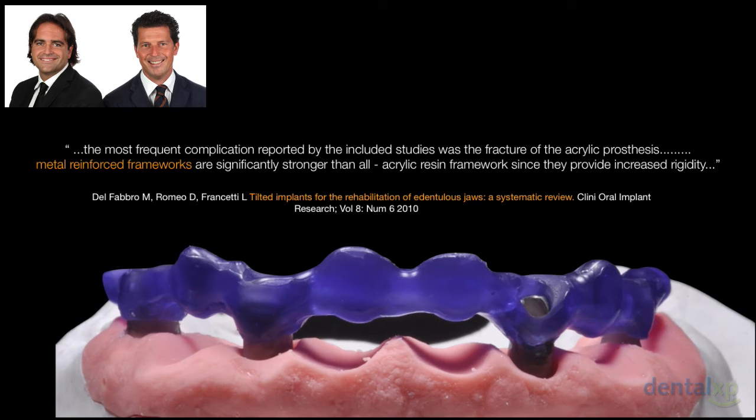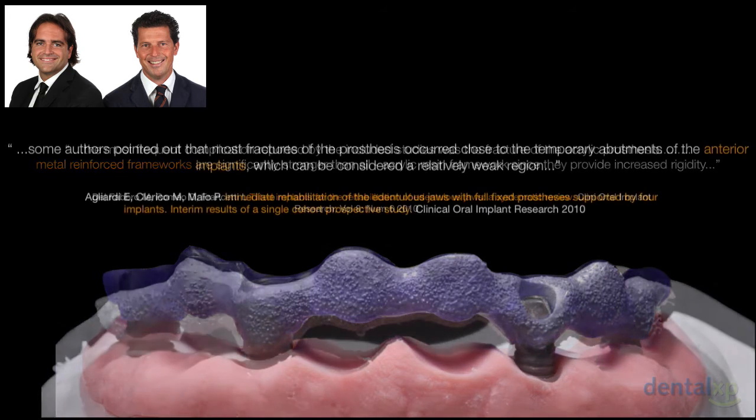Metal-reinforced frameworks, in fact, are significantly stronger than acrylic, because they provide more rigidity. So in this kind of patient, where we go for surgery, for an immediate implant placement and loading restoration, we want to have a metal-reinforced framework inside the provisional.